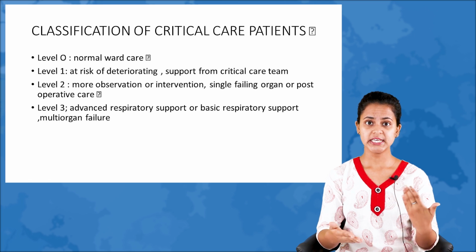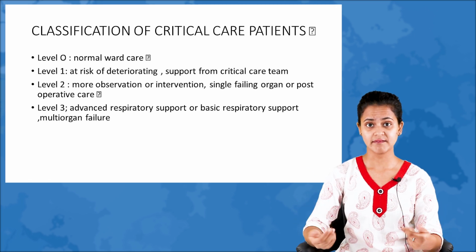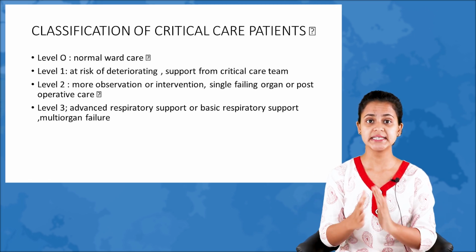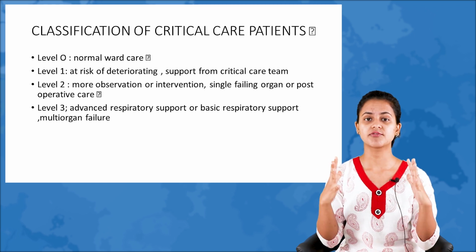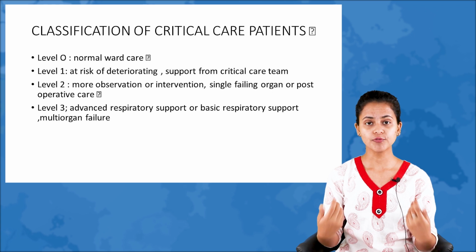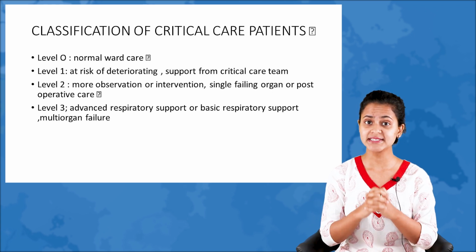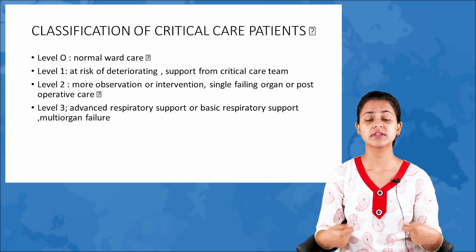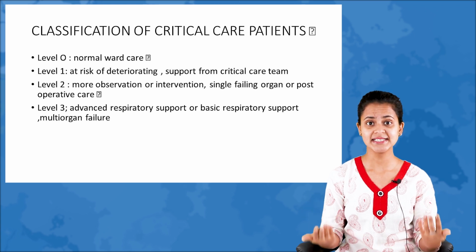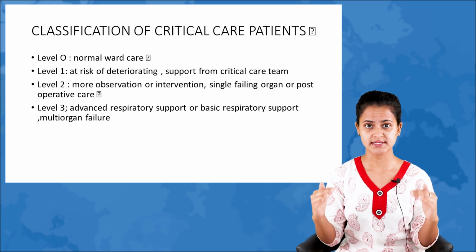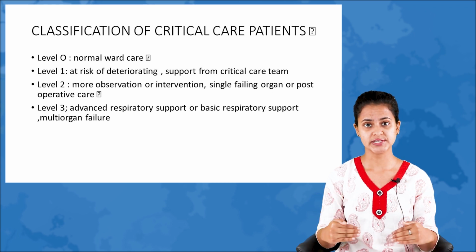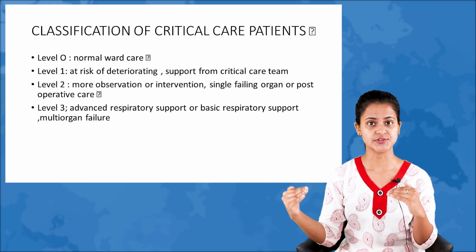Now we are going to see the next level, which is level 3, which basically needs advanced respiratory support and basic respiratory support. Often the client who is present at this level of critical care will be present with a severely progressed disease condition and alteration in respiratory and circulatory function.